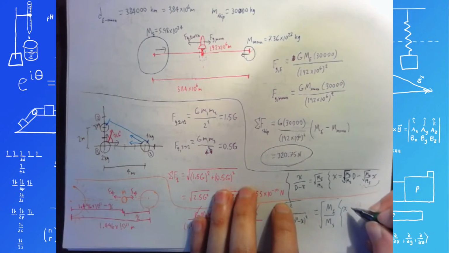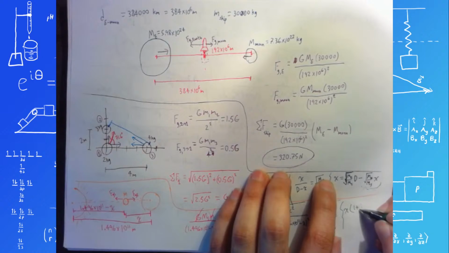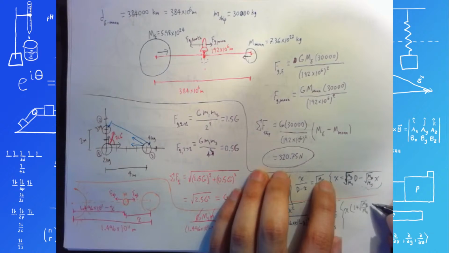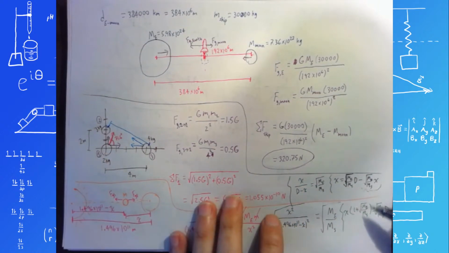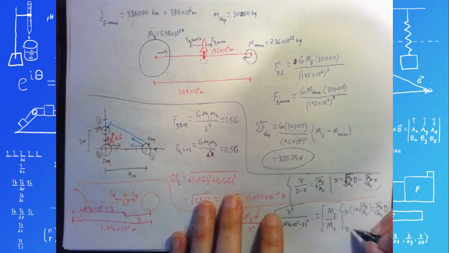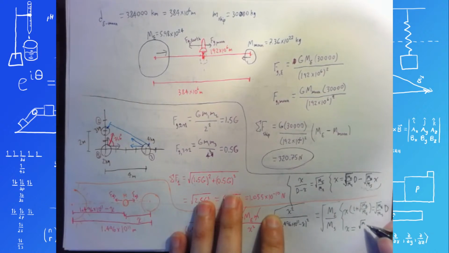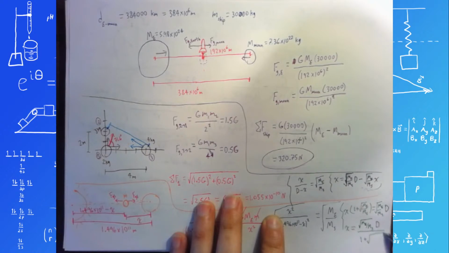So I get x times (1 plus square root mass Earth over mass Sun) equals square root mass Earth over mass Sun times that total distance, and then just divide by the stuff in the parentheses, and you get x equals square root mass Earth over mass Sun times d, over 1 plus square root mass Earth over mass Sun.